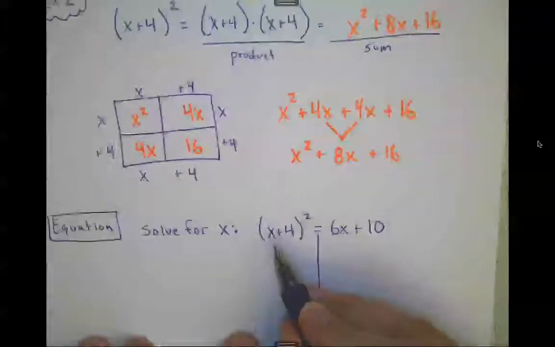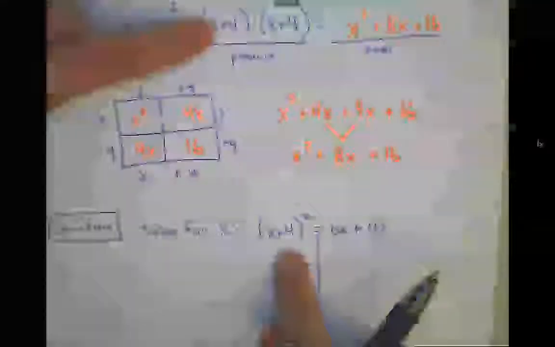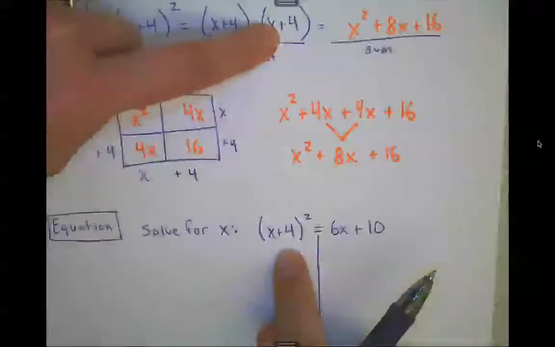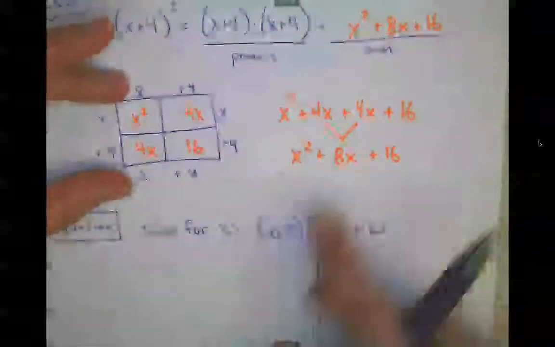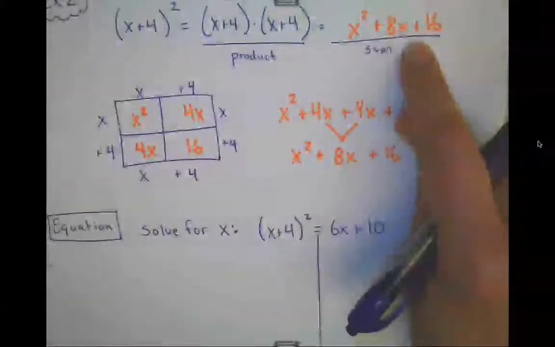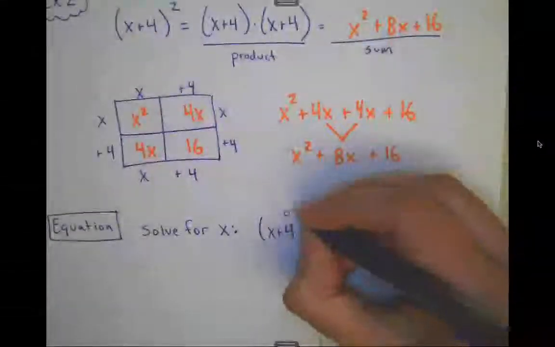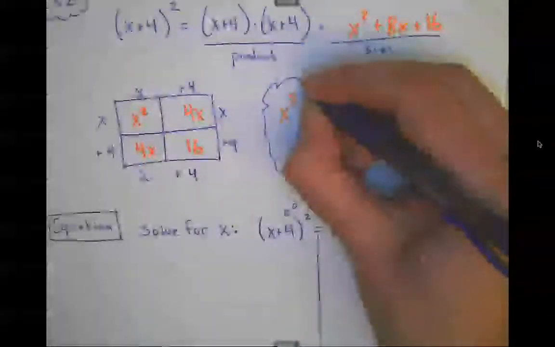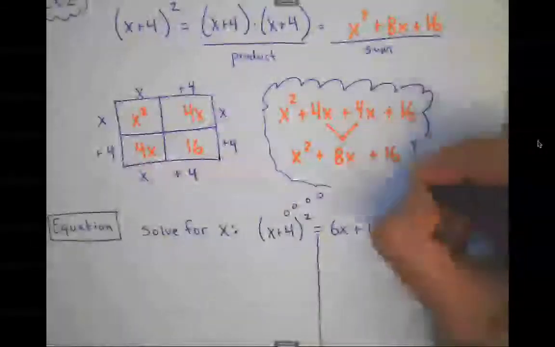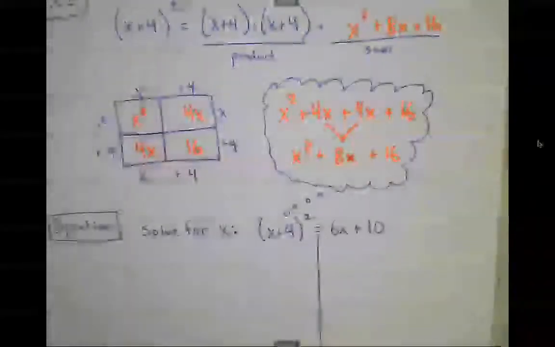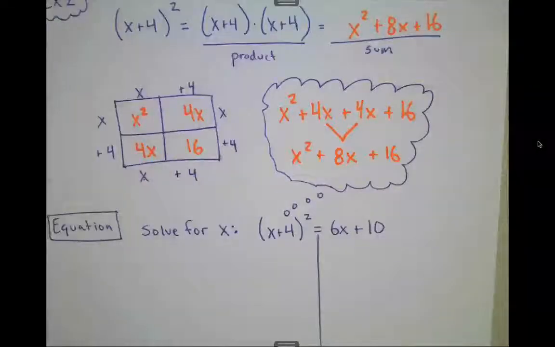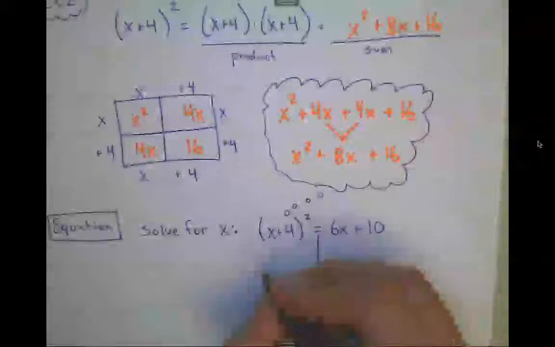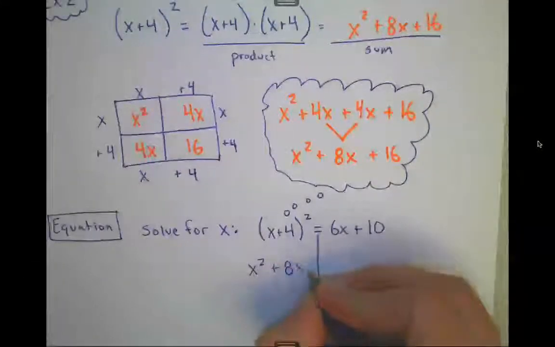Well, we already did all the work for this. We already talked about how x plus 4 times x plus 4 makes a rectangle problem and turns into a sum. So x plus 4 squared is x squared plus 8x plus 16.